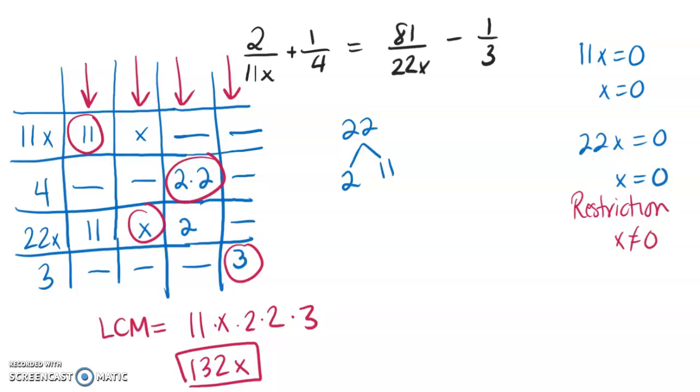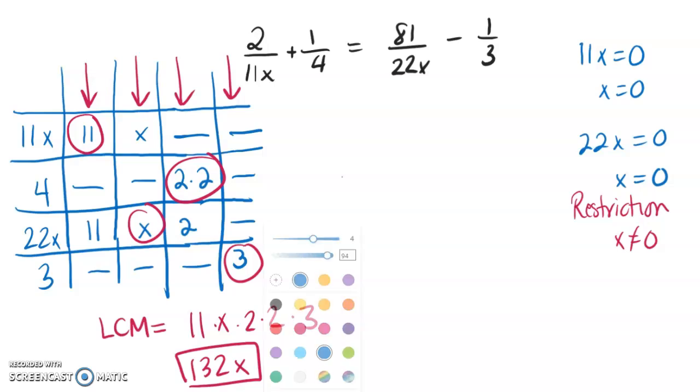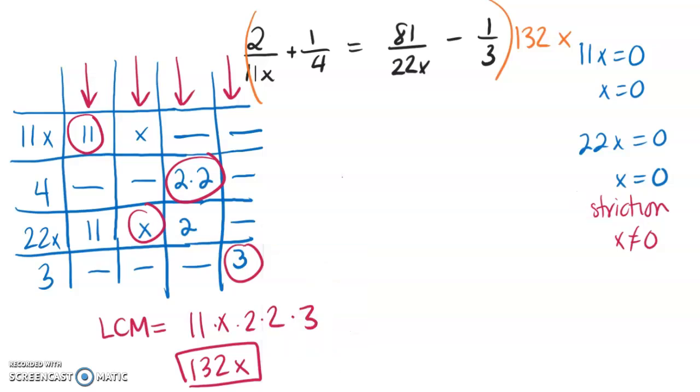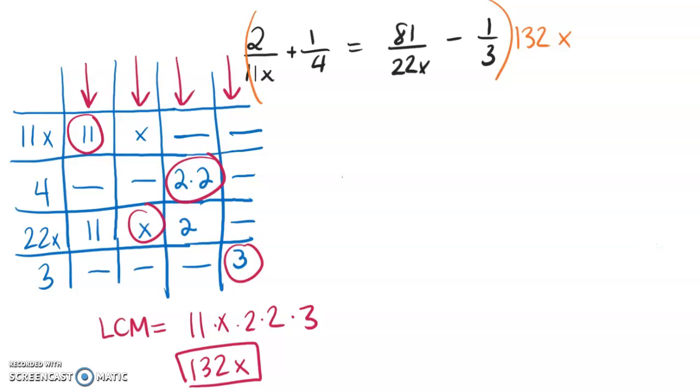So I'm going to take that now, and I'm going to multiply everything by 132. So we'll take it up here, and we're going to say multiply everything by 132x. So let's give ourselves some room. And so the 132x is going to go in 4 places.